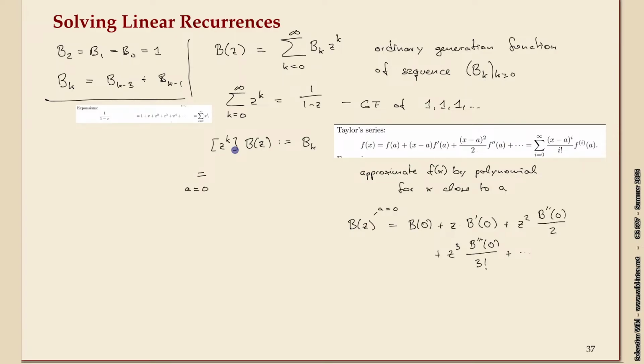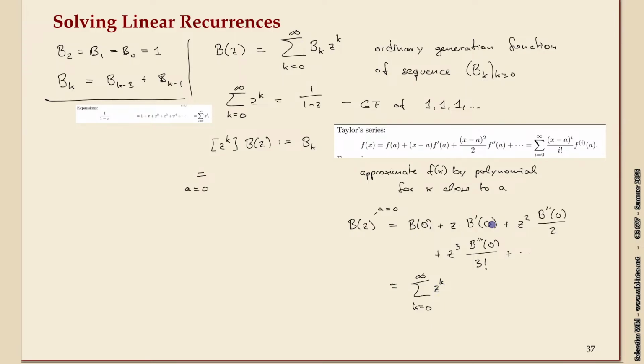I can get back this kth coefficient if I just have the function by taking the coefficient. So here you see this is exactly the way we would represent the ordinary generating function. It's an infinite sum, and it has the power of z to the k.